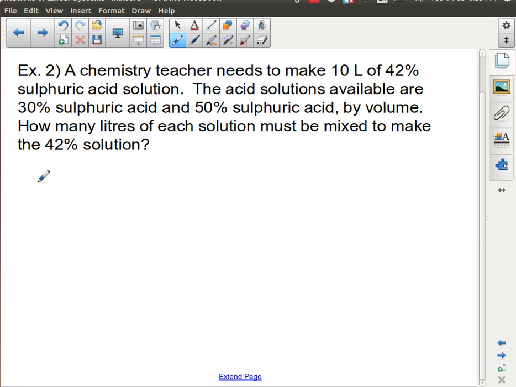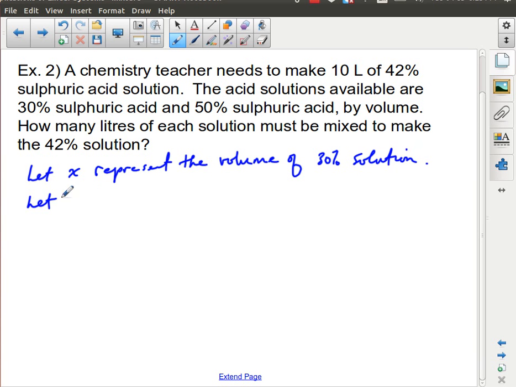This one is very much like our previous problem. Let X represent the volume of 30% solution, and let Y represent the volume of 50% solution.